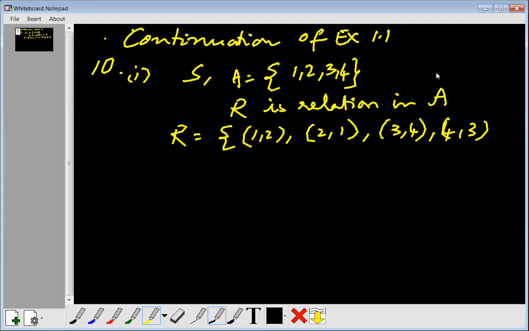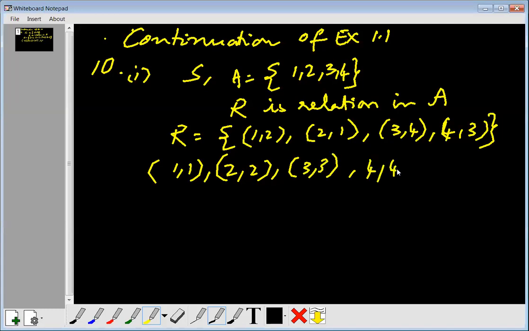So we have done (1, 2), (2, 1), (3, 4), (4, 3), and we close this. Now we'll check whether this satisfies the condition or not. Definitely (1, 1), (2, 2), (3, 3), (4, 4) is not there, therefore not reflexive.